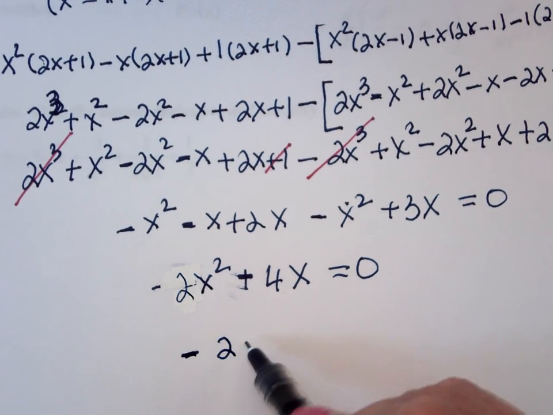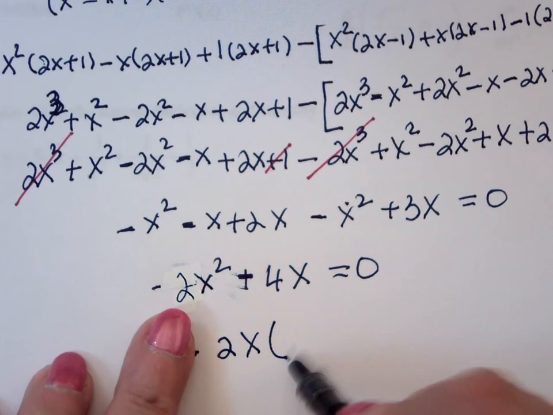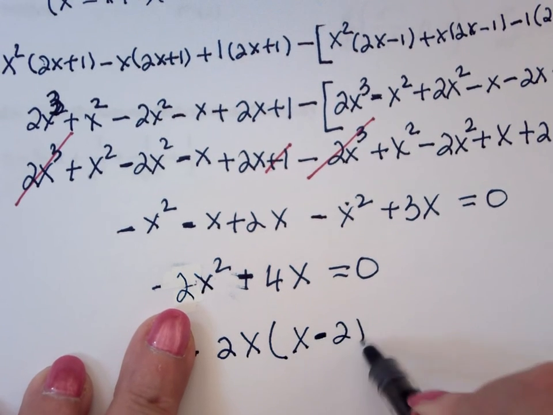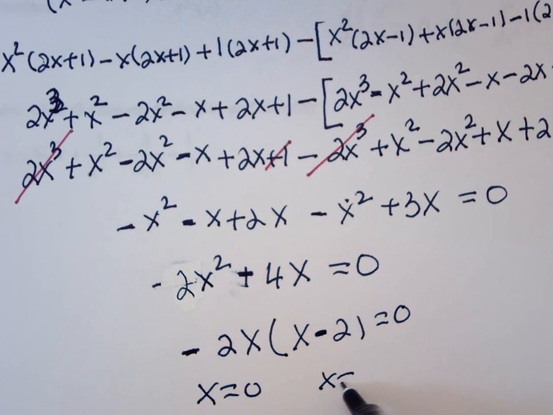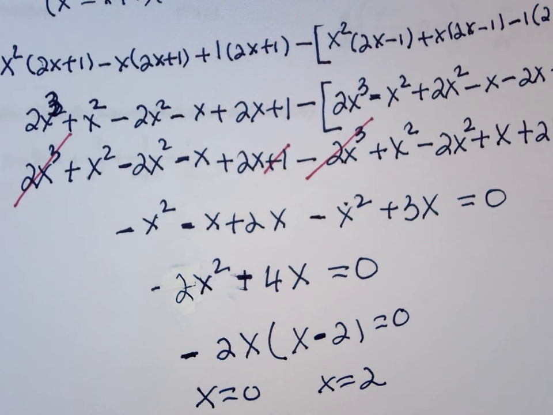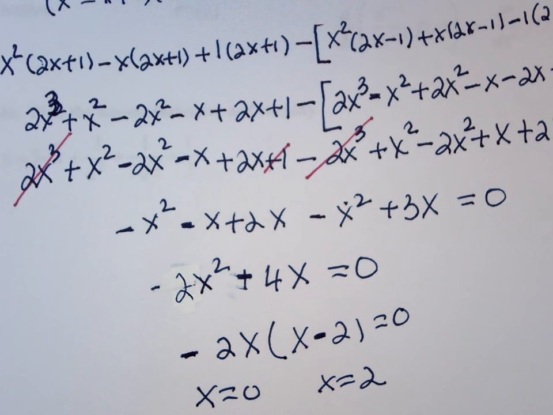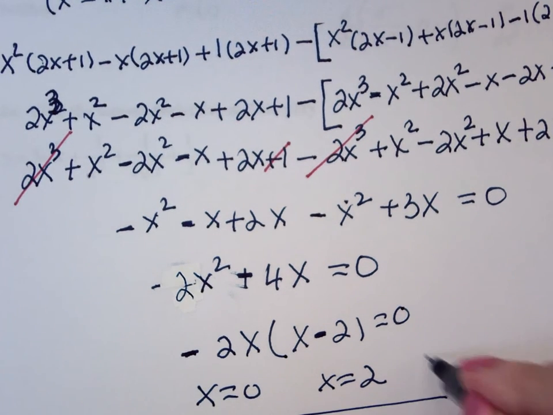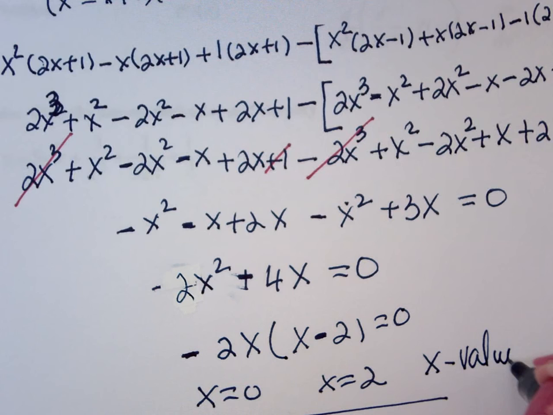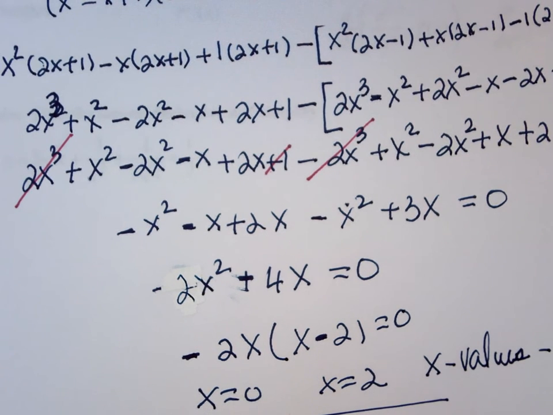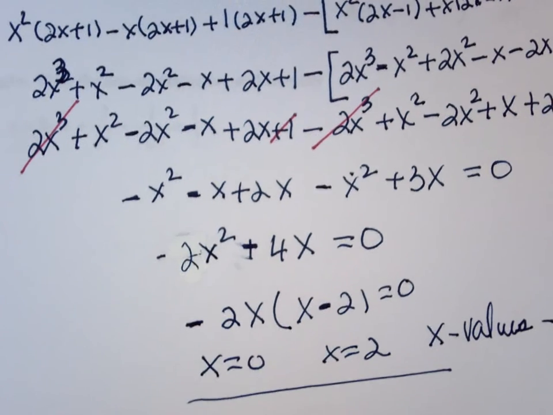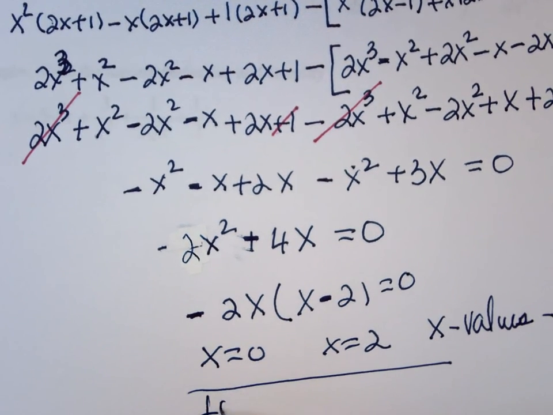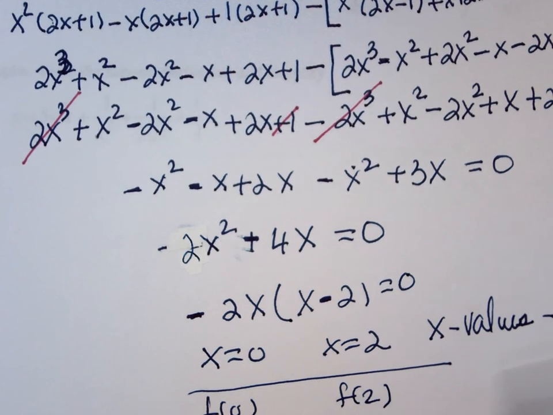This is a minus 2x times x minus 2 equals 0, so that x equals 0 and x equals 2. So those are going to be the x values. And then I'm going to go back and find the y values. And the y values would be f of 0 and f of 2. And I'm just going to stop it here.